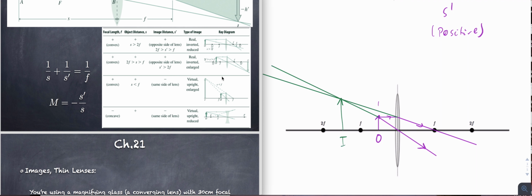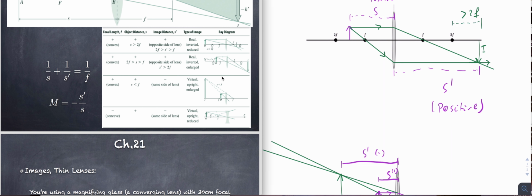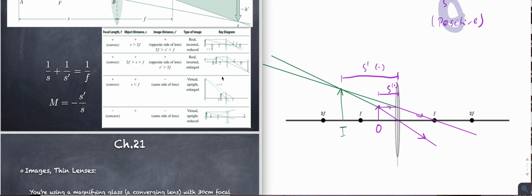So this is S, but now we have S prime, and so this should be negative, whereas this is still positive. We're saying that it's negative because when the image forms on the right side of the lens, we call it positive. Now the image is forming on the left side of the lens, so we have to reflect that in our choice of sign.